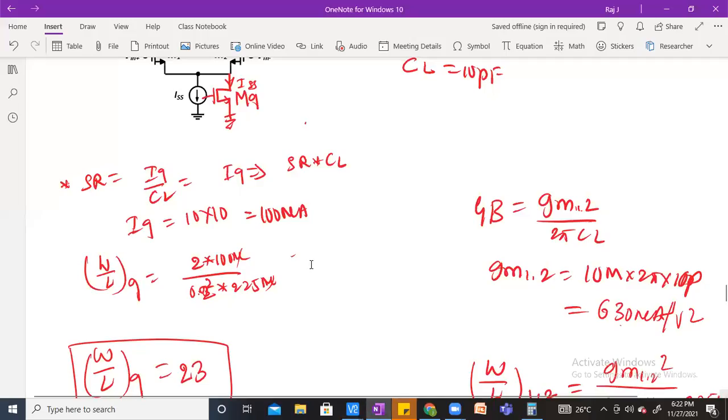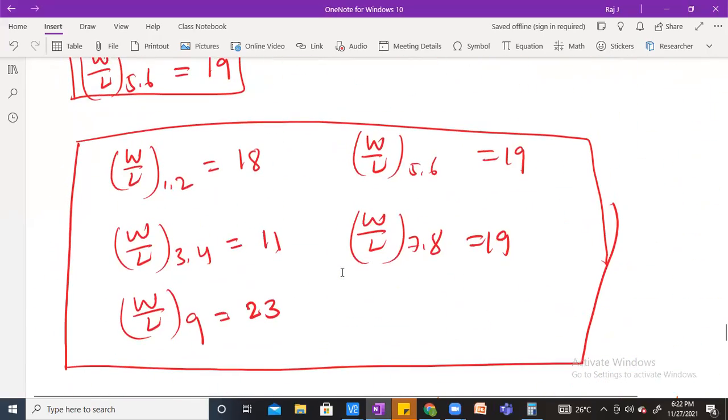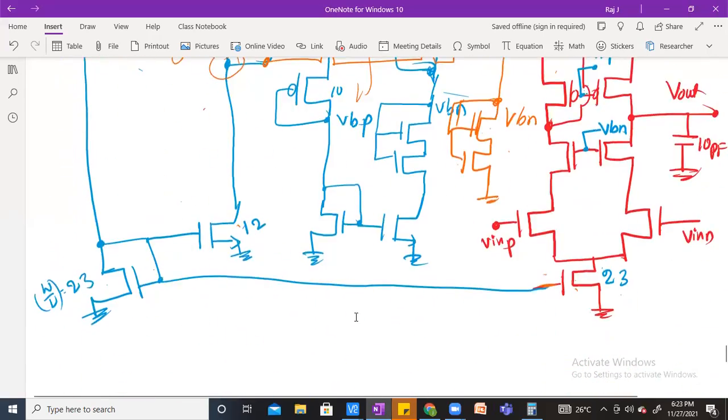Now this completes the circuit of it, and also we'll do the bias generation here.